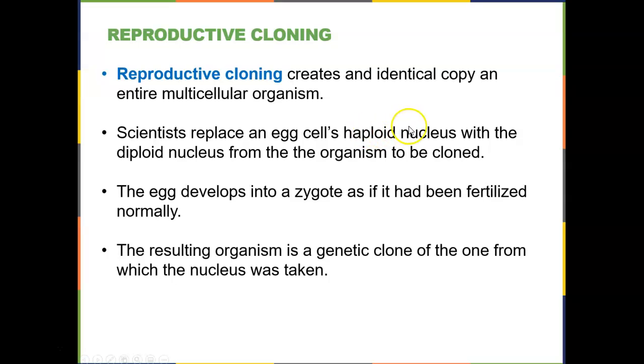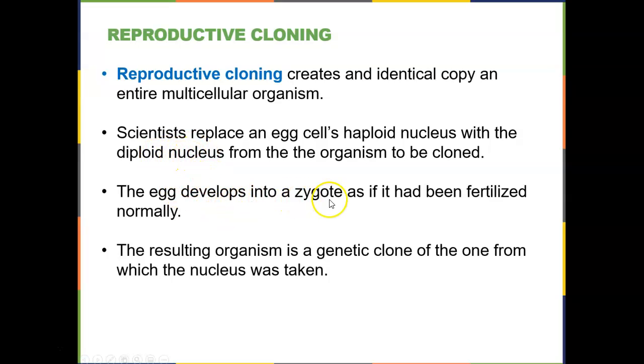But if you remove that haploid nucleus, so you remove the DNA that was part of the egg, and all you have is the egg's machinery left, and you add in a fully diploid nucleus from some cell of an organism that you want to make another copy of, then that egg will think that a sperm has bound to its nucleus and created a diploid nucleus, but in fact you've replaced it.